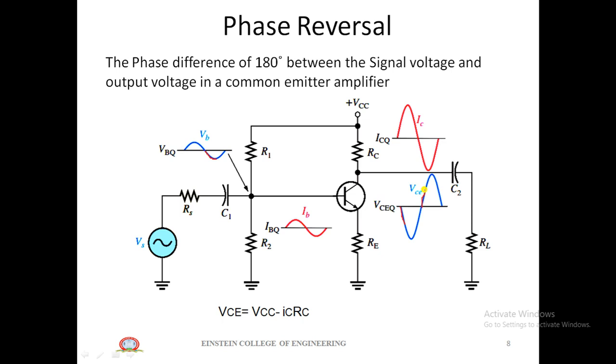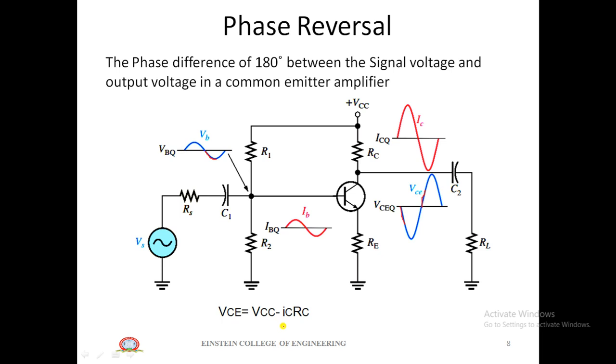Why this phase reversal? You can see by having this equation, VCE is equal to VCC minus IC into RC. Here the VCC voltage is always constant. Then see here, when the input voltage is increased in the positive manner, then the base current increases. If the base current is increased, then the collector current is increased, depending upon the beta value. If the collector current increased, what happens?